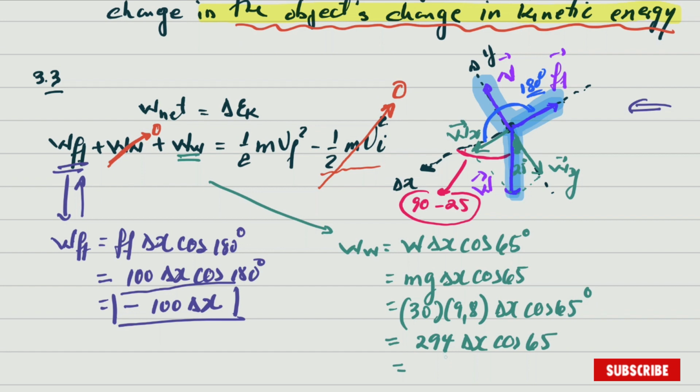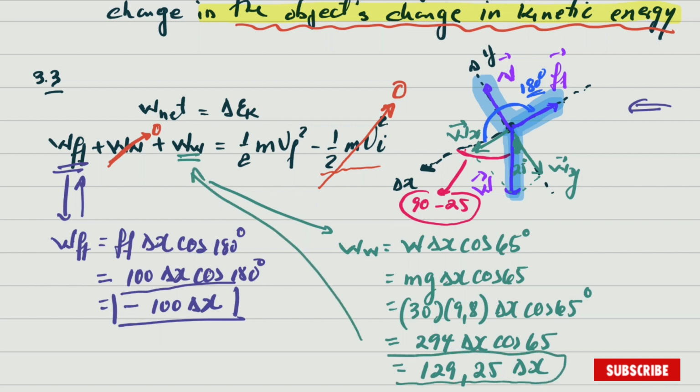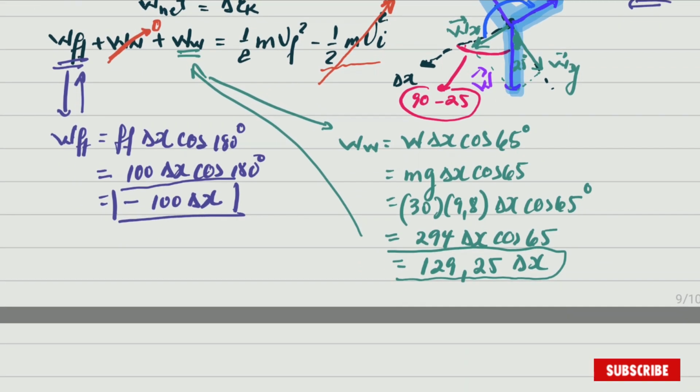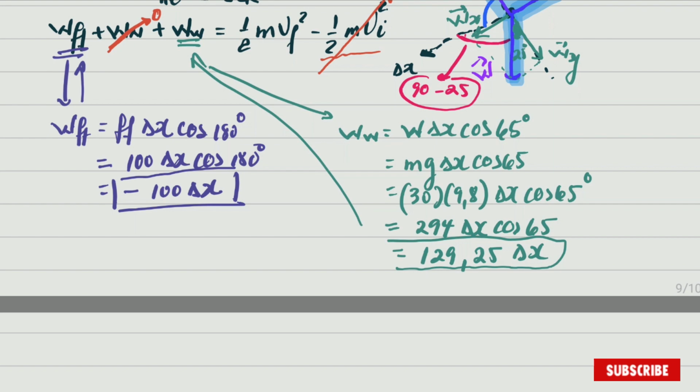294 multiplied by cosine of 65 is going to give us 124,25 multiplied by the displacement, and guys, this is what we are going to substitute for the work done by weight. So when we substitute everything in here, what are we going to have? Yes, 124, not 29.